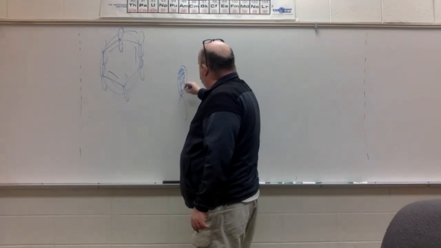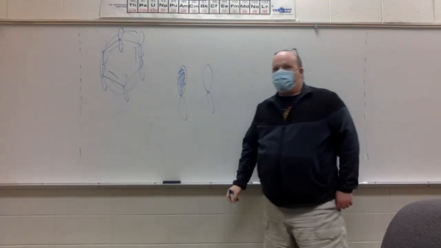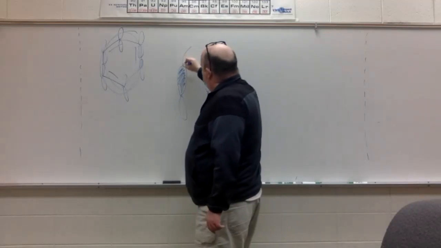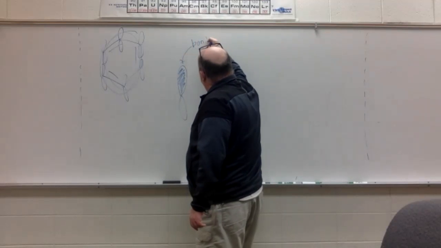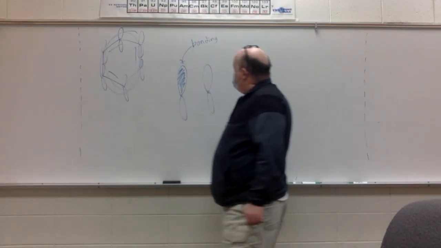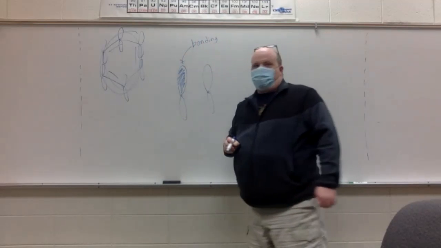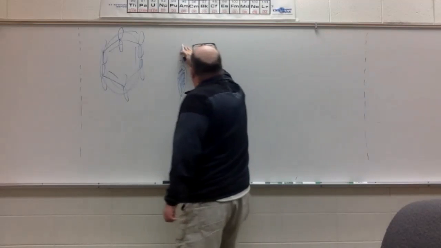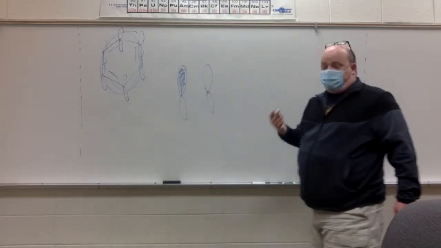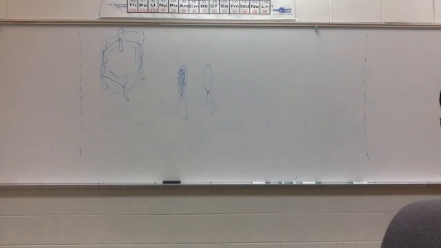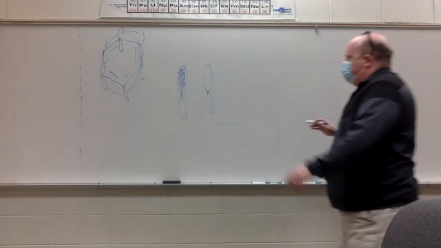I'm just going to shade one of them to make it look different. Just know that the lobes are different from each other. We're just going to keep it simple.